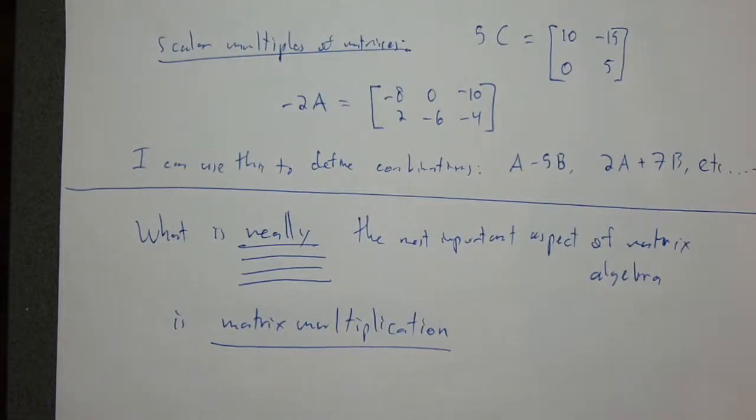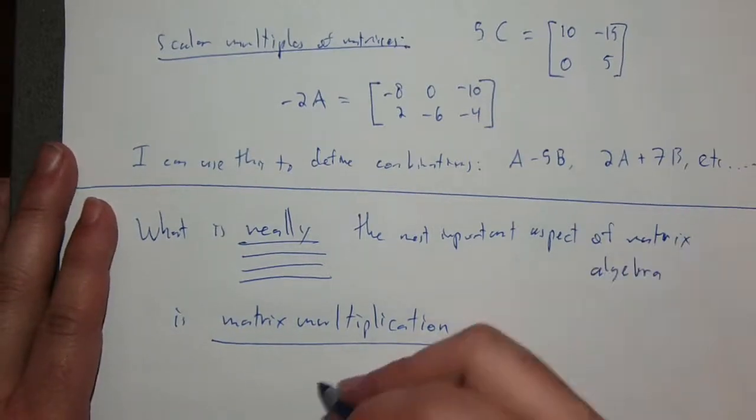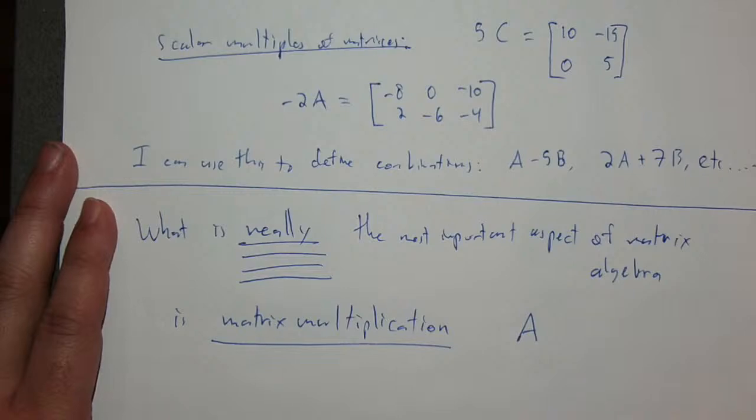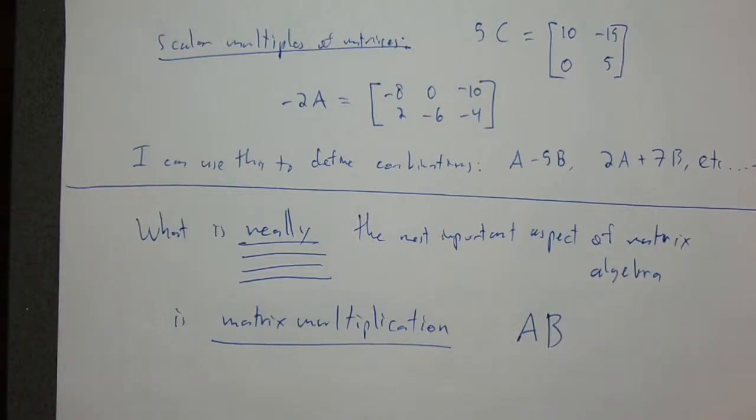Now, how do I define this? I want to take matrix A and matrix B and multiply them together to get the matrix product AB. This is more complicated than those other operations we talked about, but for good reason, because this is way more interesting.